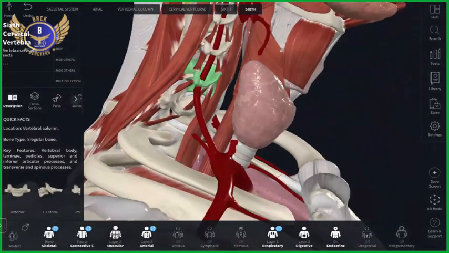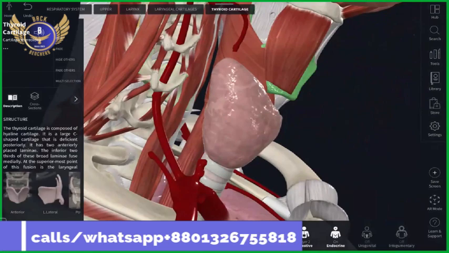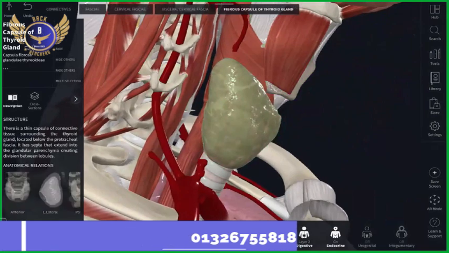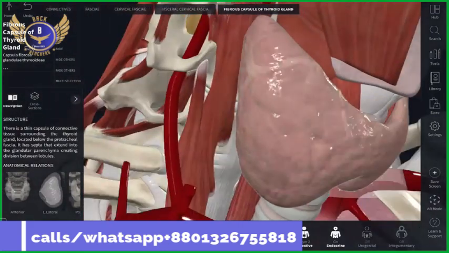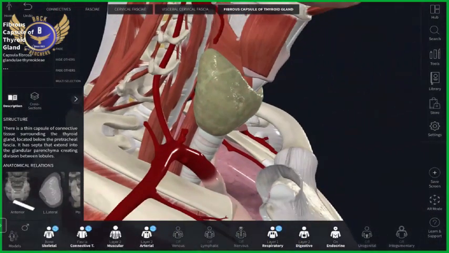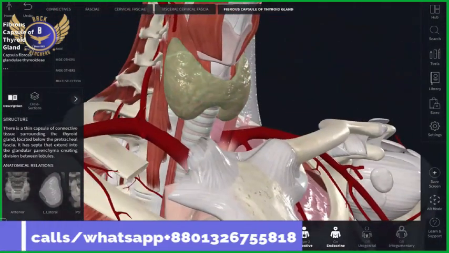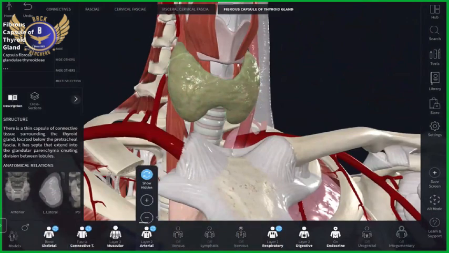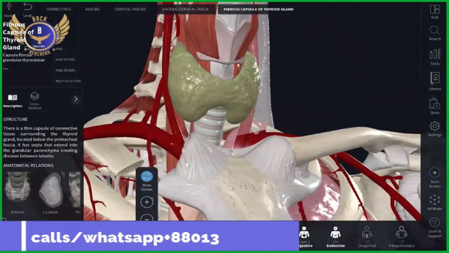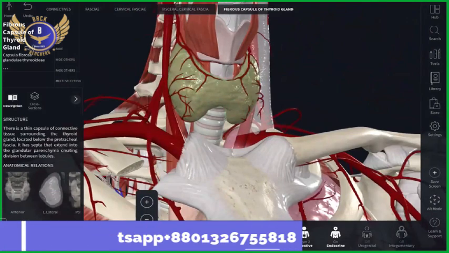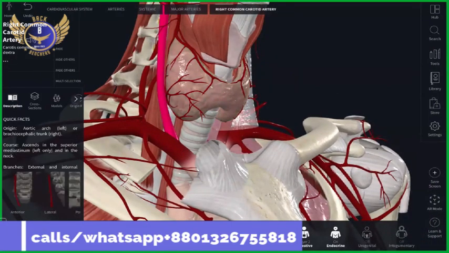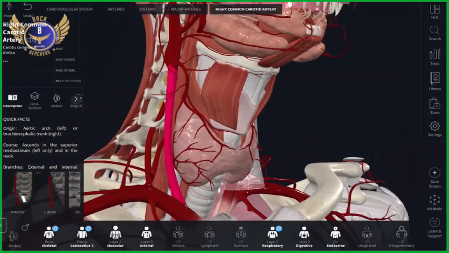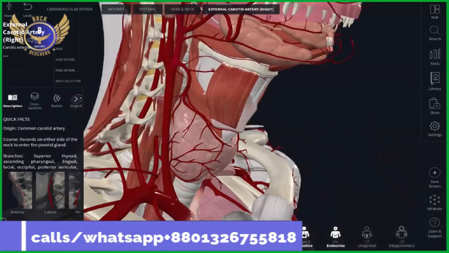Okay, at this level, here is our thyroid gland. Let me show you one thing. Okay, then this is our vertebral artery, and this is our common carotid artery, and this is our external carotid artery.